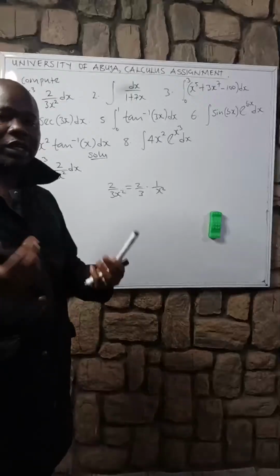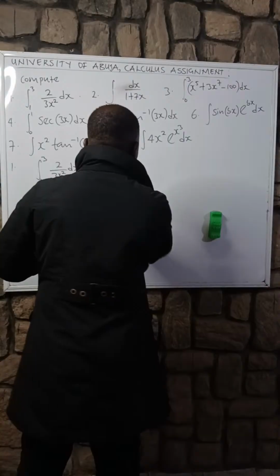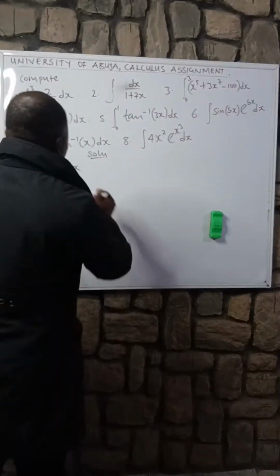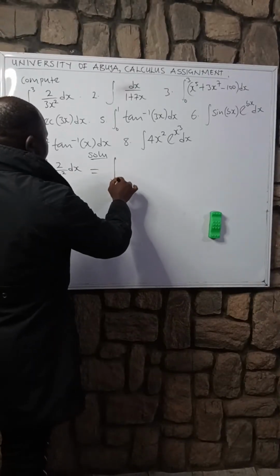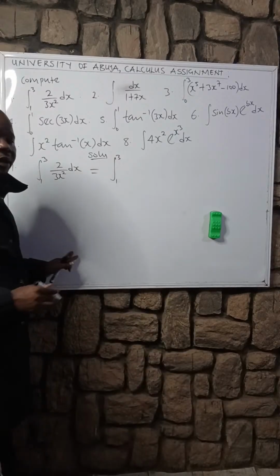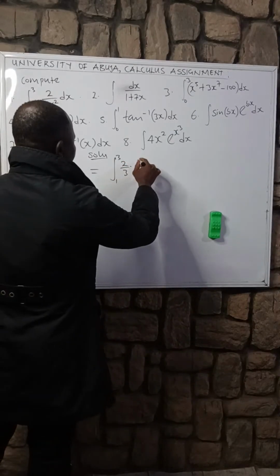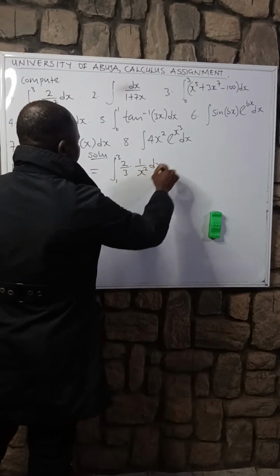So if you agree with me, let's proceed. This is the same thing as the integral from 1 to 3 of 2 all over 3 times 1 all over x raised to power 2 dx.